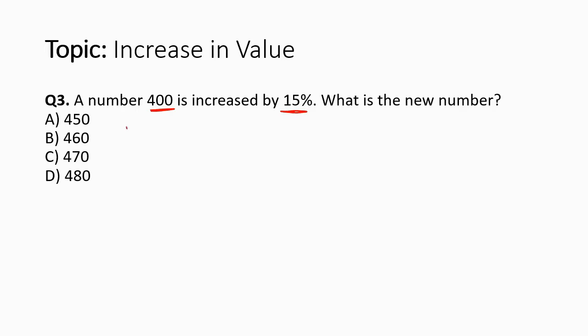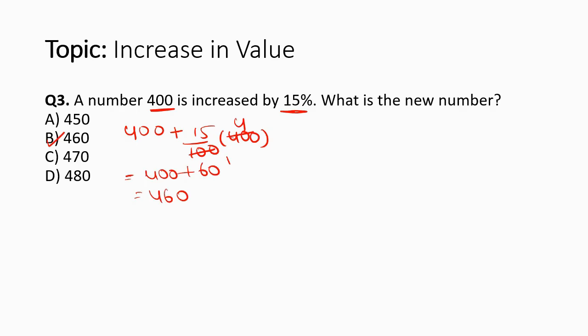Here the number is 400 and it has been increased by 15%. So 15 by 100 into 400 gives 60, and 400 plus 60 is equal to 460. This is the normal way which we are going to do.